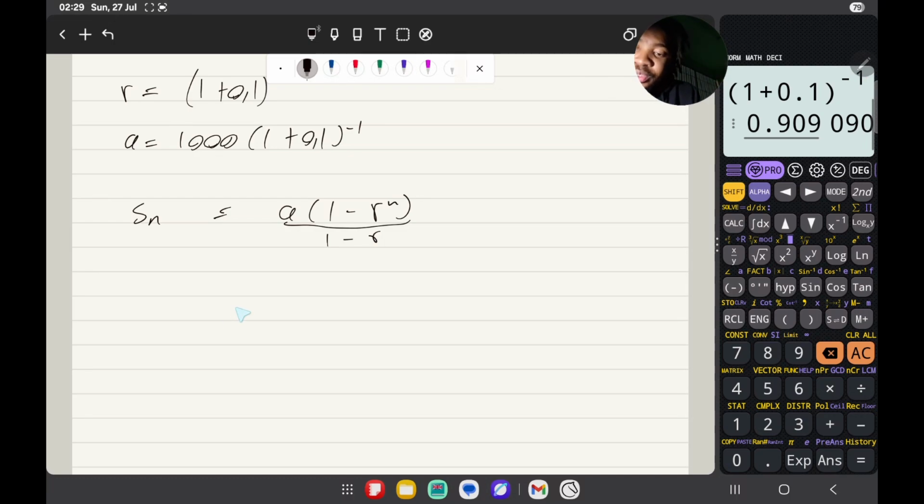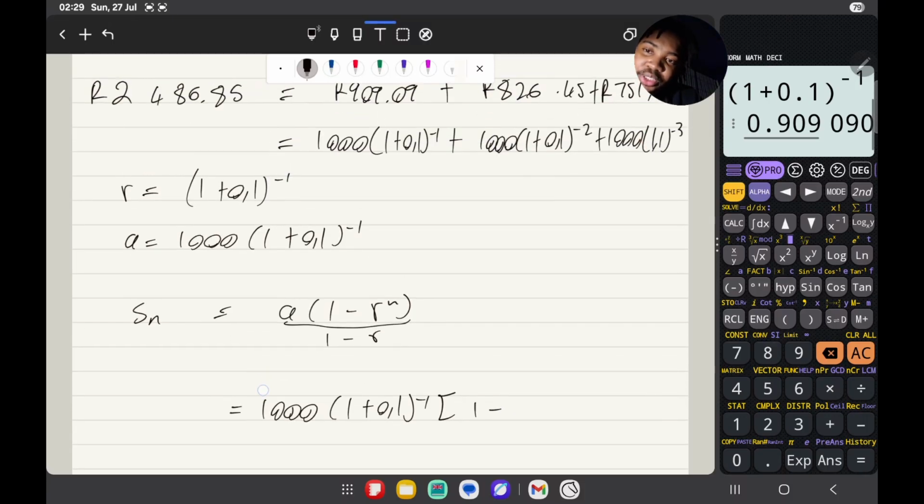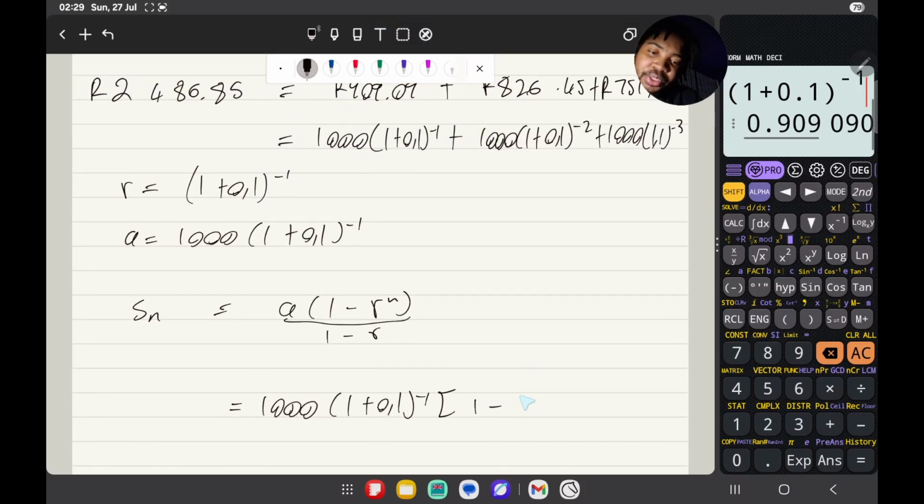Therefore you're going to have a, which is 1,000 into (1 plus 0.1) to the negative 1, that is a, and then I have 1 minus r, where my r is (1 plus 0.1) to the negative 1, and then to the power n. What was n here? n was 3.